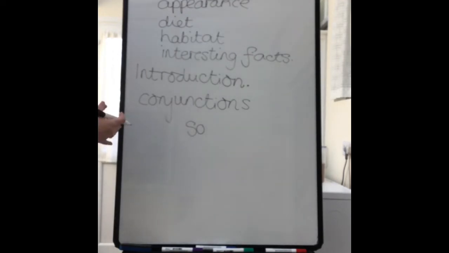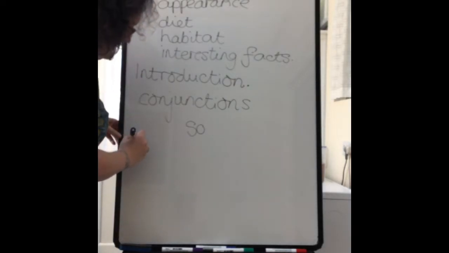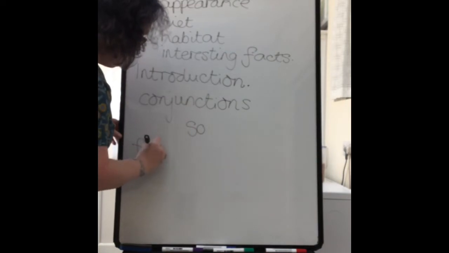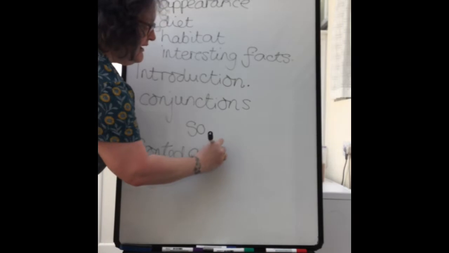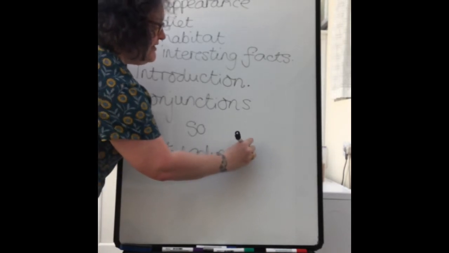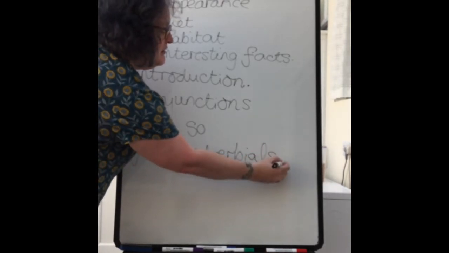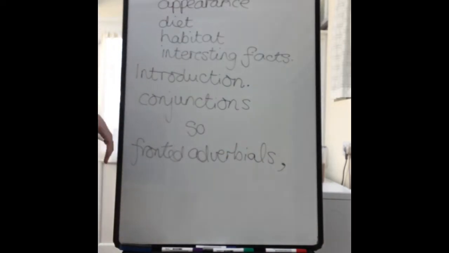Other things we need to remember to use in our introduction, and in fact in the rest of our paragraphs, will be things like fronted adverbials. And as we all know, after every fronted adverbial, we need a comma. And this is so that we can mix our sentences up and make our writing more interesting.